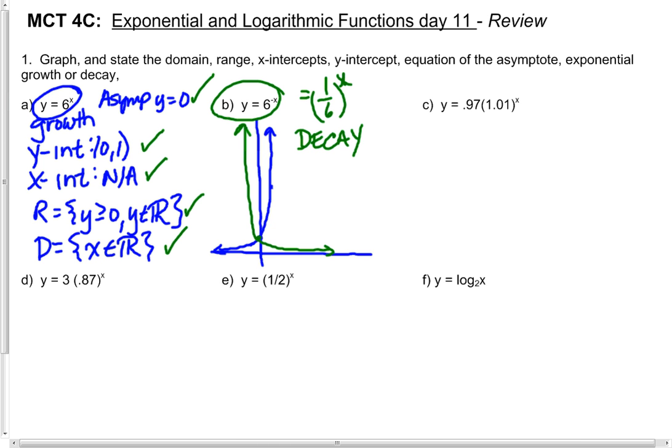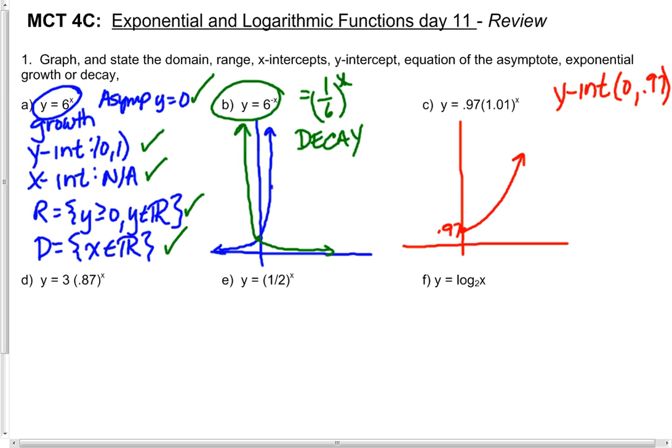This third one is y equals 0.97 times 1.01 to the x. This would be like starting with 97 cents and growing with 1% growth rate. What would our various things be? As a rough graph, our initial value is 0.97, so our y-intercept would be 0.97. It is exponential growth, so we would be growing like that.